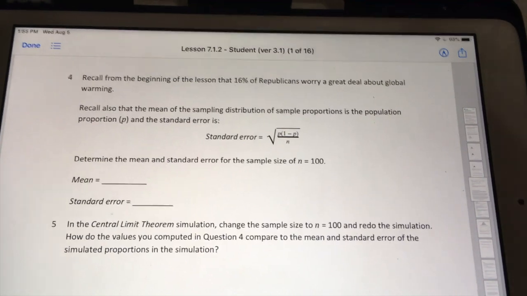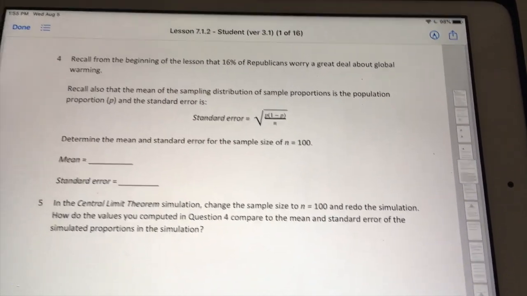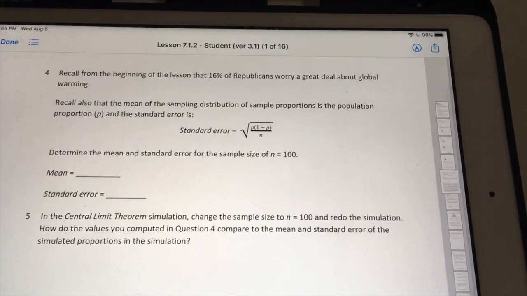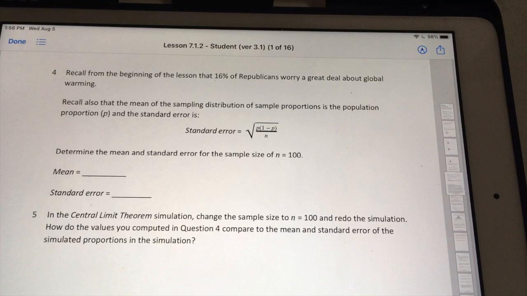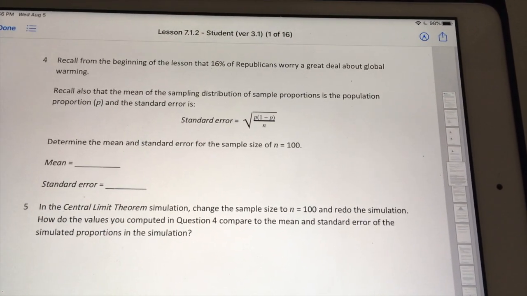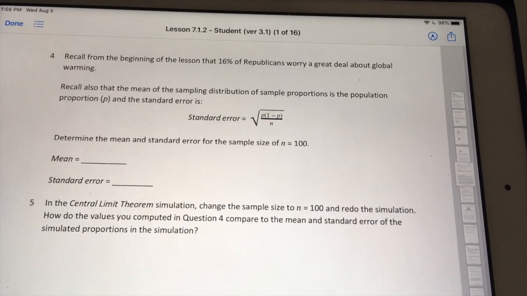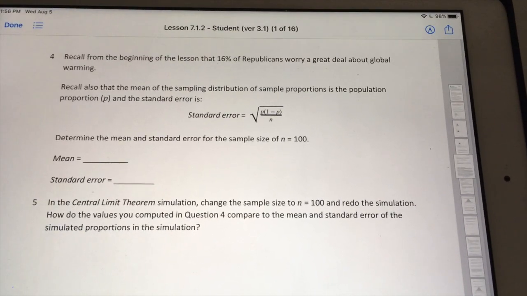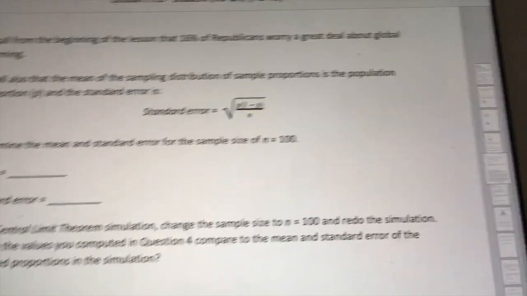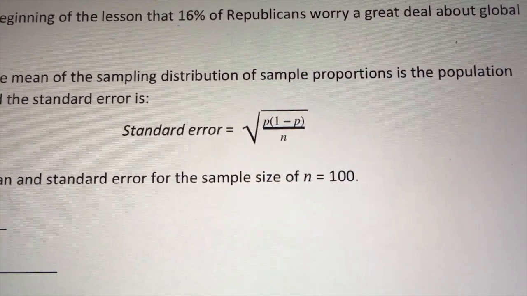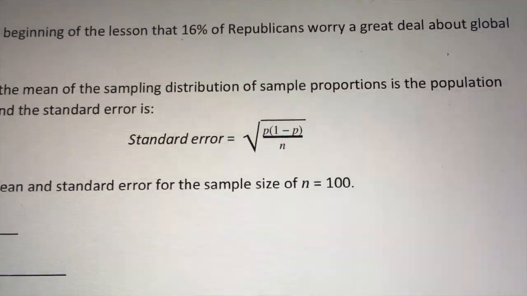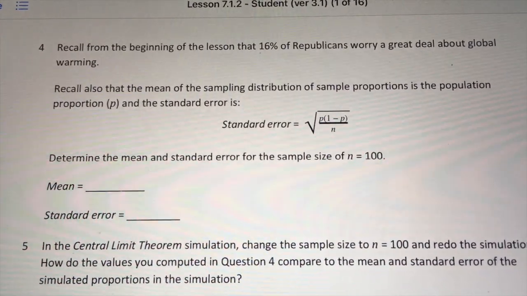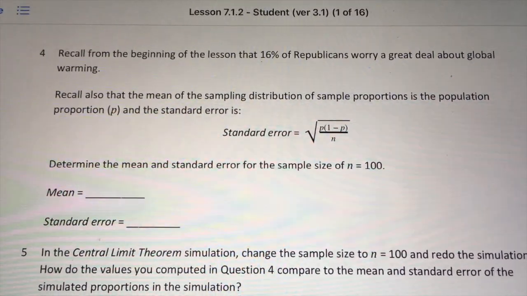So for number 4, we're going to need a calculator. Recall from the beginning of the lesson that 16% of Republicans worry a great deal about global warming. Recall also that the mean of the sampling distribution of sample proportions is the population proportion P, and that the standard error is given by that formula, the square root of P times 1 minus P over N. We're going to use that formula to calculate the standard error ourselves.